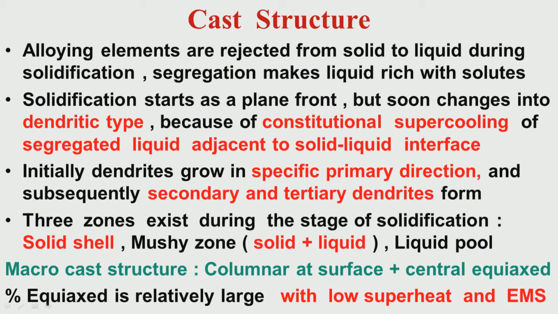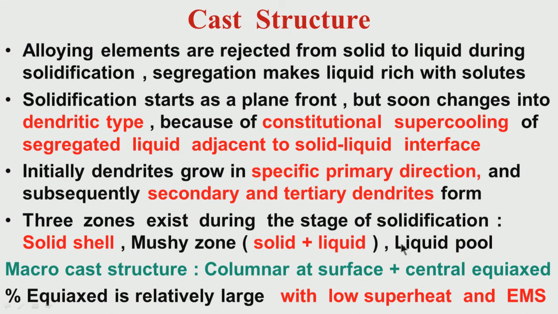Now, please try to understand what is happening during solidification. You have a solid shell which has solidified, you of course have liquid from which the solid shell is forming, and then you have a mushy zone. What is the mushy zone? It is a combination of solid plus liquid. The portion which has already solidified is 100% solid, so the fraction of solid is 100; in the liquid the fraction of solid is 0, and in between, in the mushy zone, you have intermediate values.